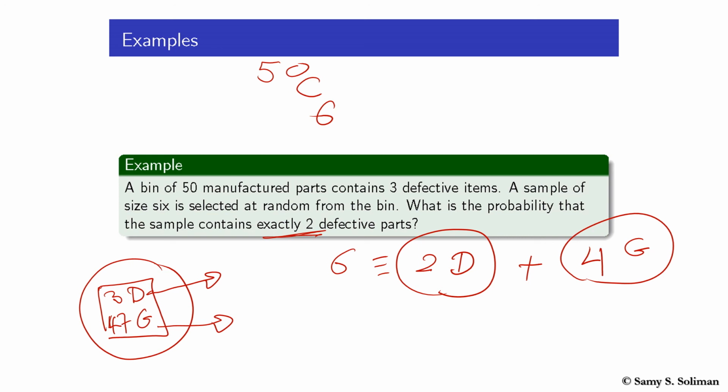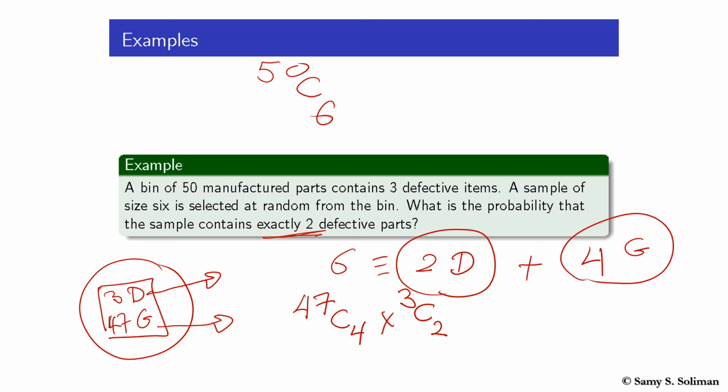So we have a number of possibilities as 47C4. This is the number of ways to choose 4 out of the 47 good ones, and for each one of those ways we have 3C2 possibilities, where we choose 2 from 3, and their order does not matter.